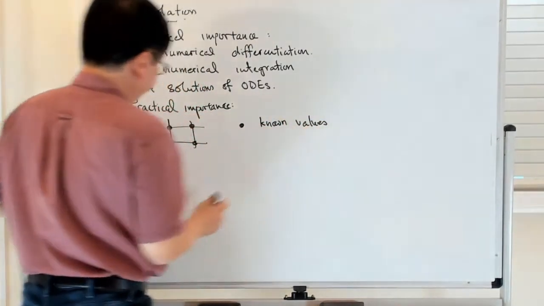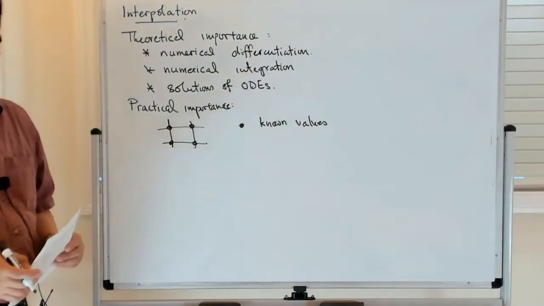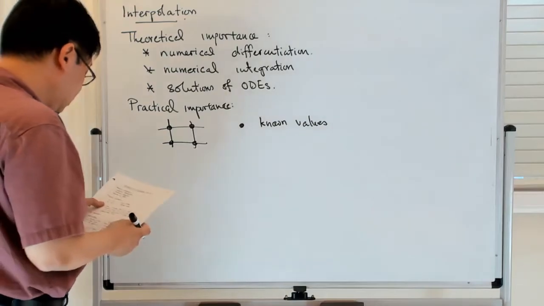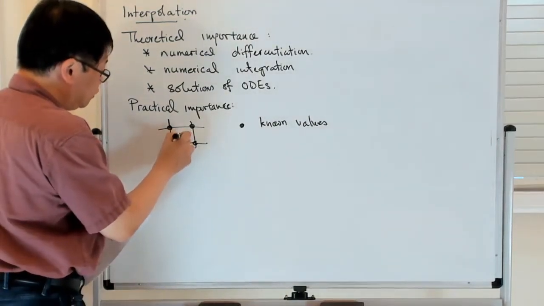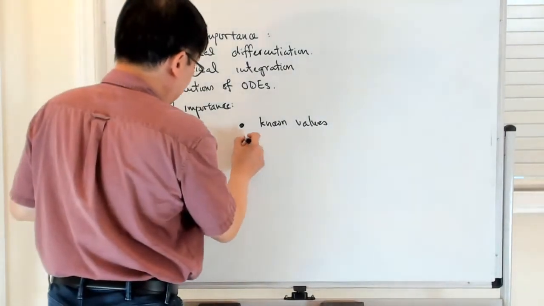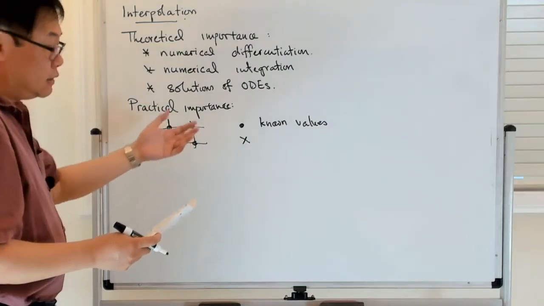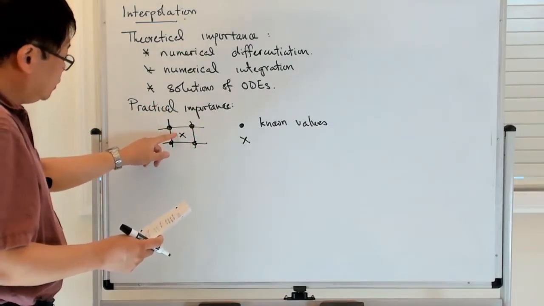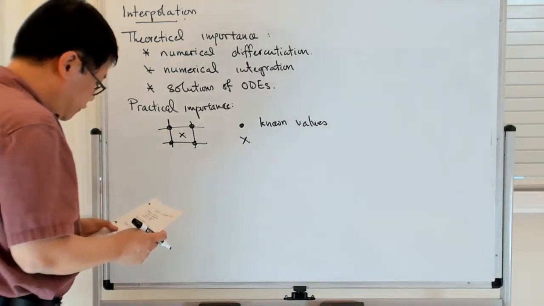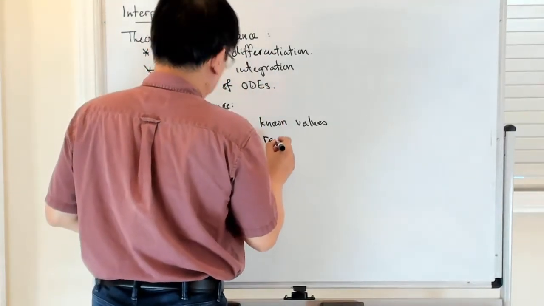Either because you've only sampled the data at these points, or your numerical method only gives you the solutions at those points, but you happen to want to know, say, the solution away from those points, then you want some way to take this data and use that to give you an approximation of the value away from the known data points. So that's another application of interpolation.